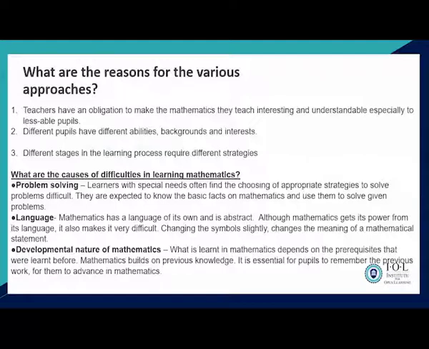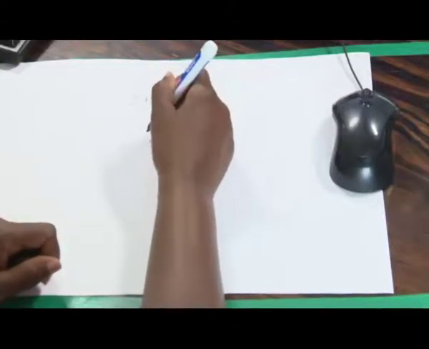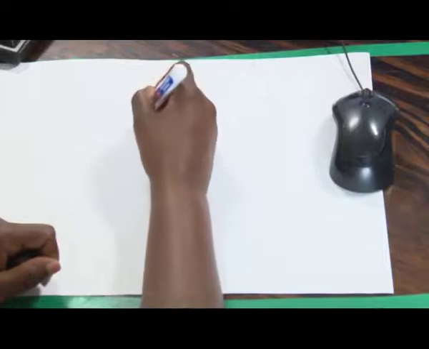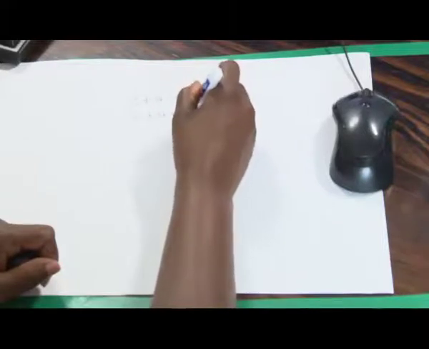Language difficulties. Mathematics has its own language and is very abstract. Although mathematics gets its power from its language, it also makes it very difficult. Changing the symbol slightly completely changes the meaning of a mathematical statement. If I write 2 plus 4 is equal to 8, then I write 2 plus 4 is less than 10.